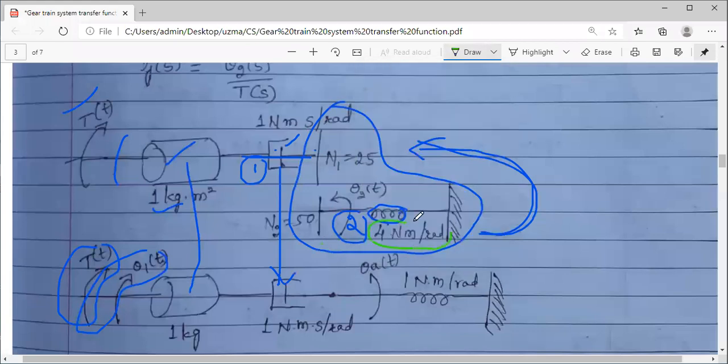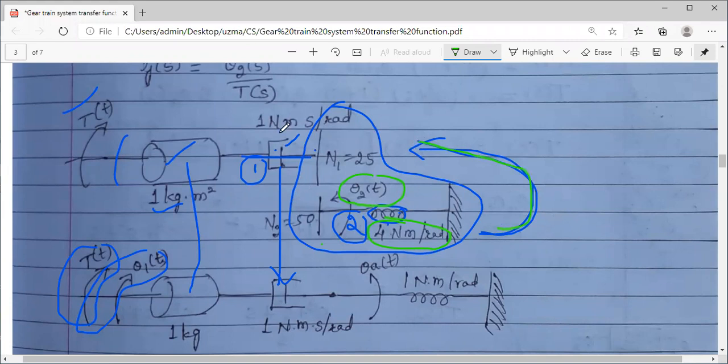There is a spring, then no other element, the number of teeth are there, and you have the theta term. So these two terms will change. I cannot take 4 as it is; generally K is the spring constant, but here the value is given as 4 Newton meter per radian. So this is spring constant K, 4 it is given, and you have a rotational angular displacement theta 2. So when we reflect shaft 2 onto shaft 1, these two parameters will change.